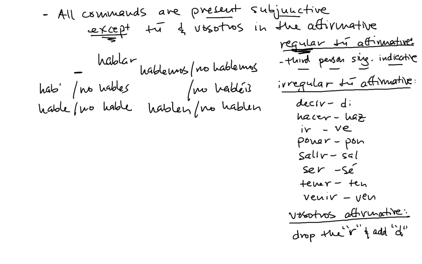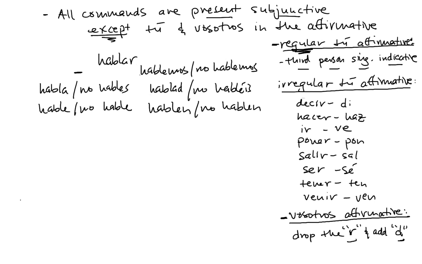Third person singular indicative. So the command form for commanding a tú person to speak is habla, but the negative, don't speak, is no hables. So that's the regular tú affirmative. For the vosotros affirmative, we simply drop the R of the infinitive and add a D. So drop the R from hablar and add a D, and we end up with hablad.